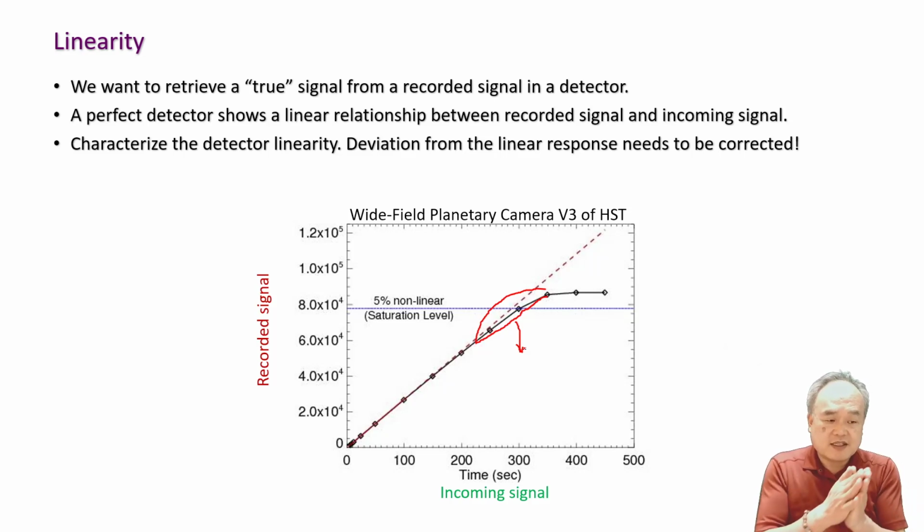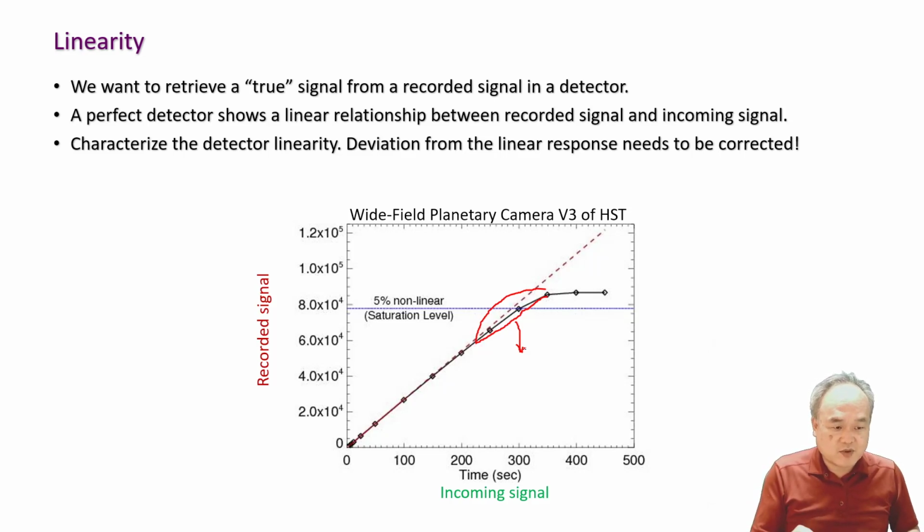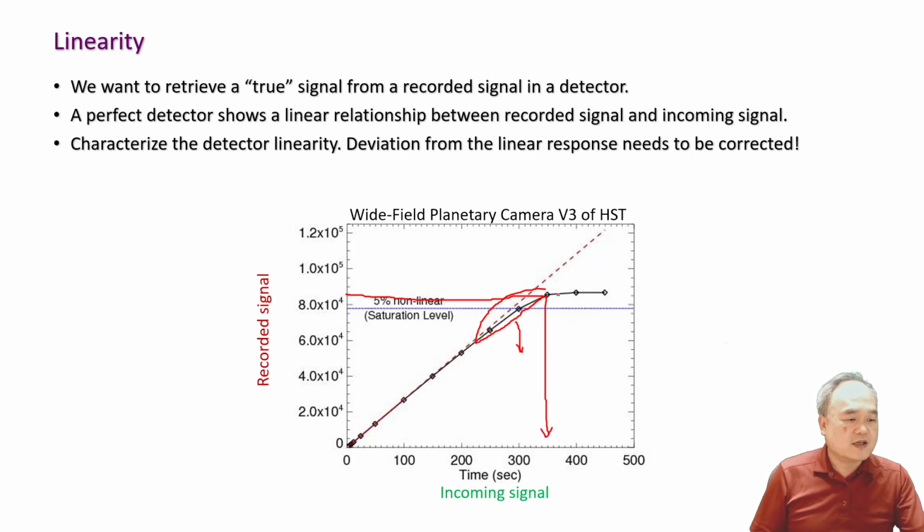As long as the non-linearity is small, let's say less than 5%, it is still repeating very consistently, so this non-linearity can still be recovered. Recorded strengths can still be converted to the actual incident number of photons, as long as the non-linearity is not that large.